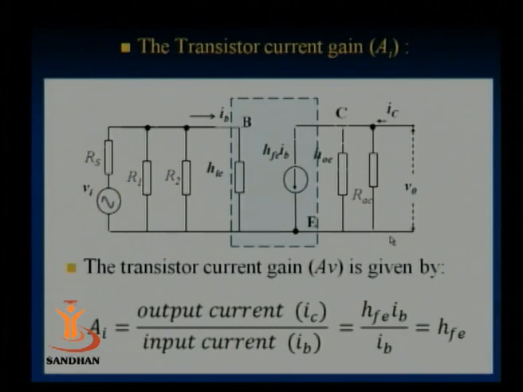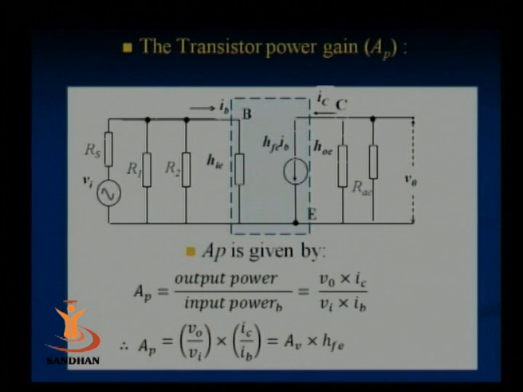And the current gain, finally, is the output current divided by the input current, that is HFE IB divided by IB, and that is simply HFE. And the transistor power gain, the final parameter for a transistor, is output power divided by input power. If you look at this circuit carefully, you can find that the output power is VO into IC and the input power is VI into IB.